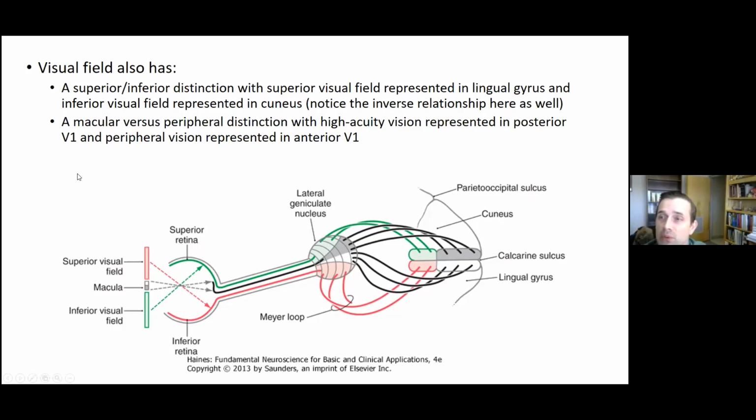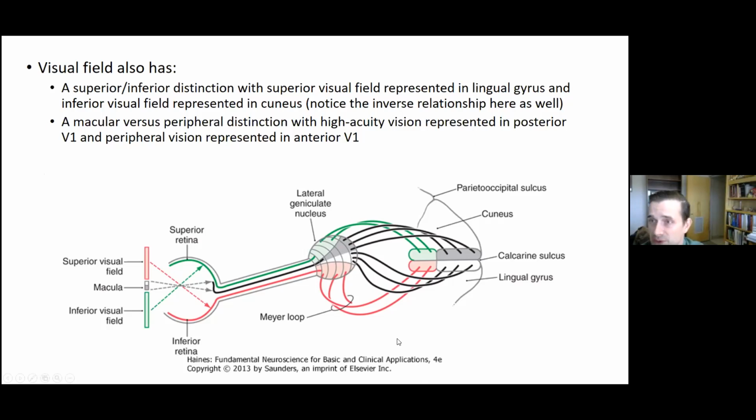All right, so you also have a distinction between macular versus peripheral distribution. So macular would be that high acuity vision as opposed to peripheral vision from the side. And they have different representations in the primary visual cortex as well.